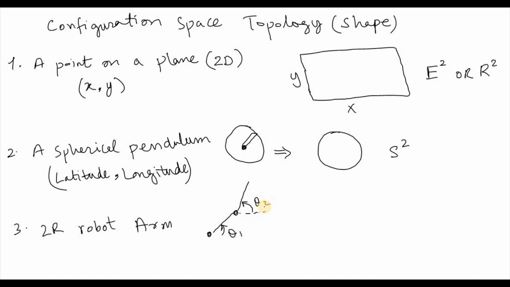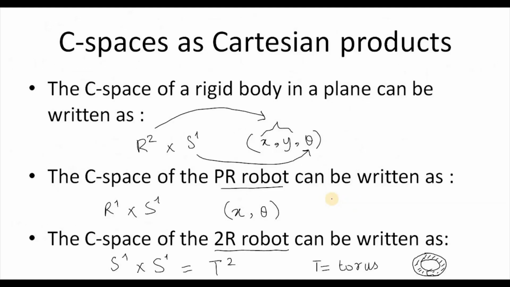What will be the shape of its configuration space, or the C-space? We have already seen that it can be represented by S^1 cross S^1, which is equal to T^2, not S^2. S^2 is a sphere. T^2 is a torus, which looks something like a donut.